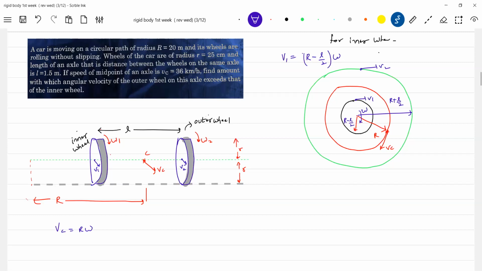So looking at this diagram, can I write V1 equal to R minus L by 2 omega for the inner wheel? Then V1 should be equal to r omega.